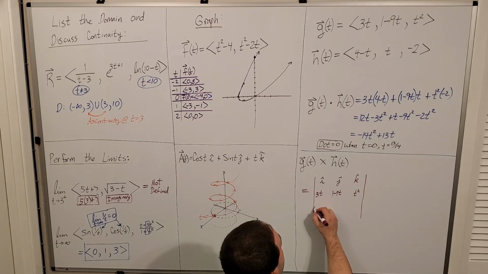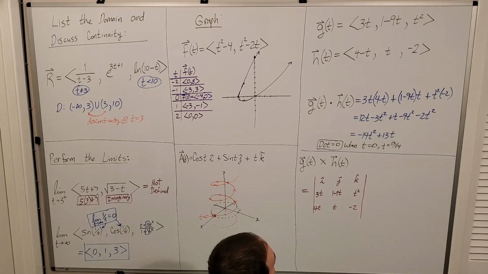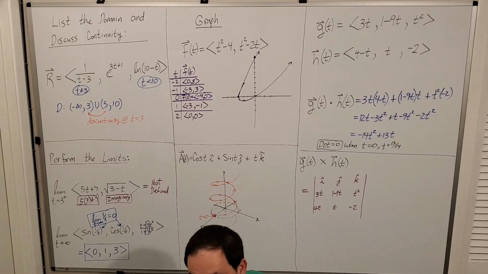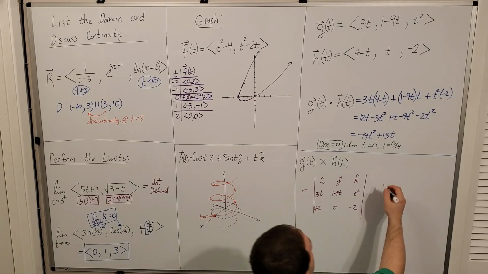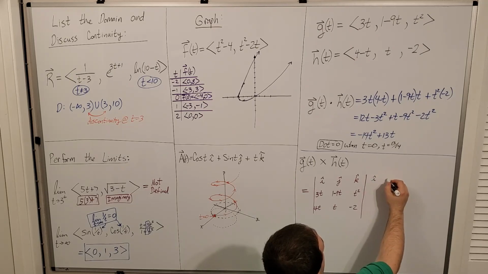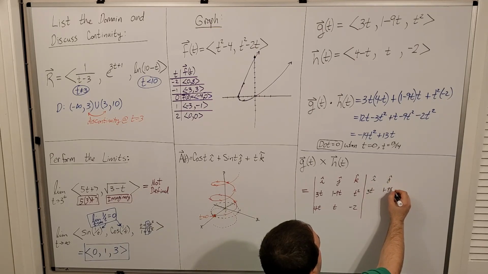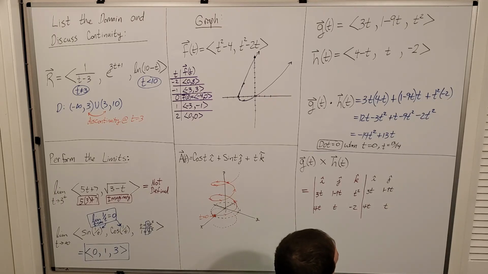The h function is 4 minus t, t, and negative 2. And remember, the way I always do my cross products is I take the other two columns and rewrite them, right? I have i and j. I'll have 3t, 1 minus 9t, 4 minus t, and t.